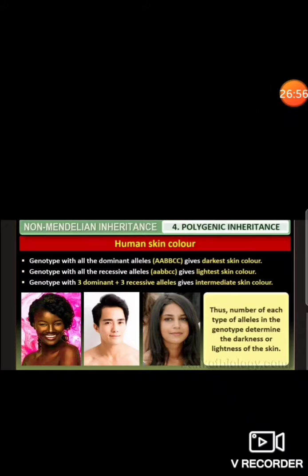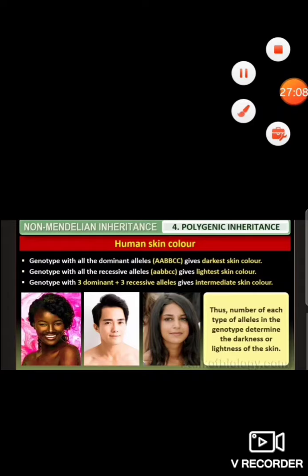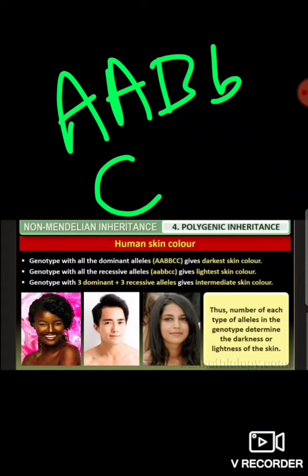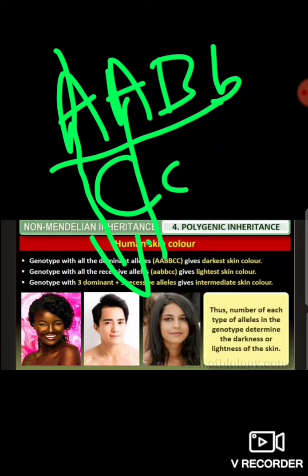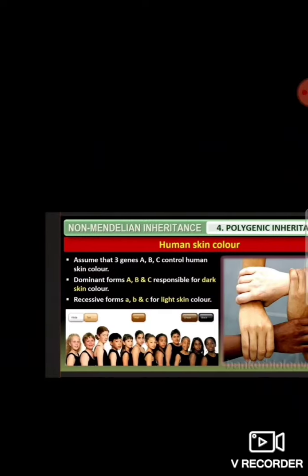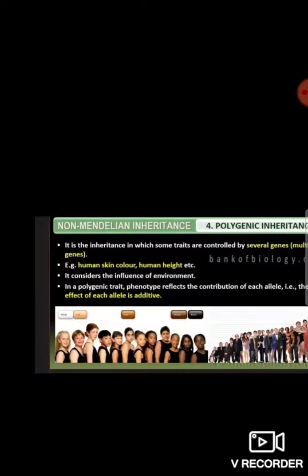All capital letters will produce dark color, all small letters will produce light color, but the intermediate will have some like this: capital A, capital B, small b, and capital C, small c. So each and every allele gives its effect to produce the phenotype. That is why there is a lot of range in phenotype in polygenic inheritance.